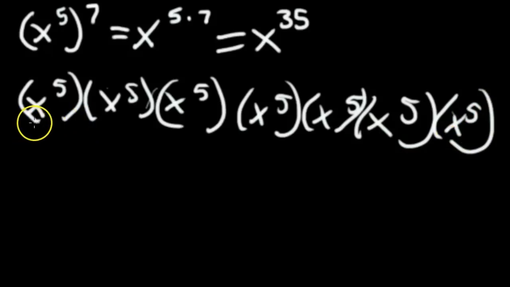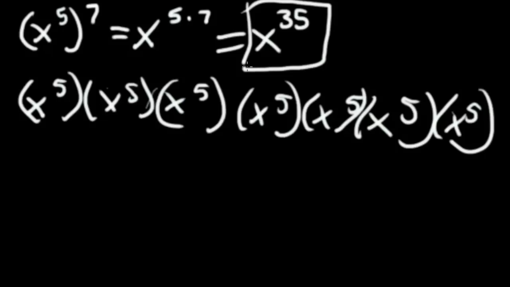Alright, so we have x to the 5th 7 times. That's like saying you have 5 x's here, 5 x's here, 5 x's here, 7 times. So that's why you get x to the 35th power. Notice if you count all these x's, you will have 35 x's. This is why the answer is x to the 35th.